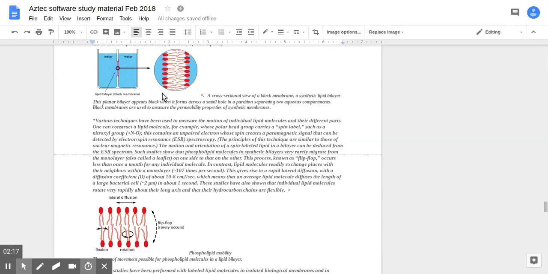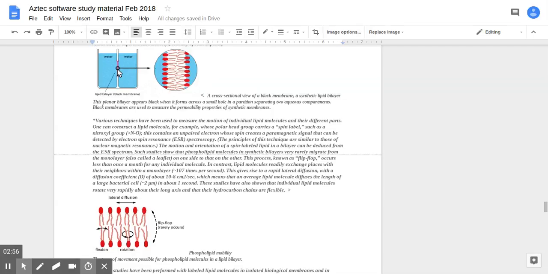So it just spontaneously forms into this kind of orientation. Similar ends of the molecule attract. So the hydrophobic tails attract into the inner part of the bilayer, and the hydrophilic ends are on either side where the water is. So it could be one side on the outside of the cell, extracellular fluid, and one on the inside of the cell in the intracellular fluid.